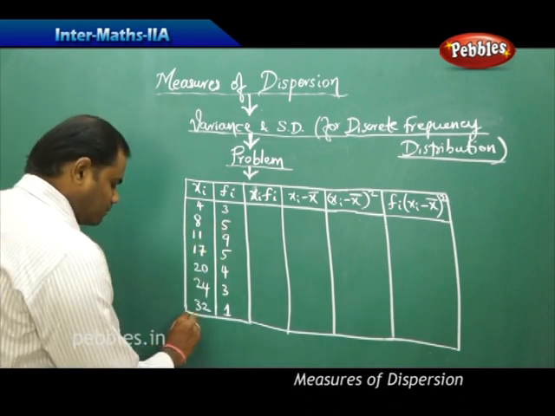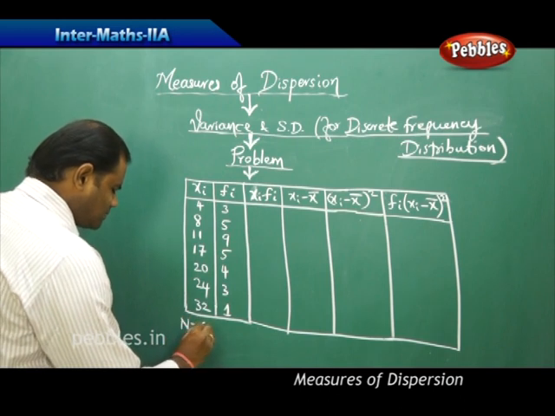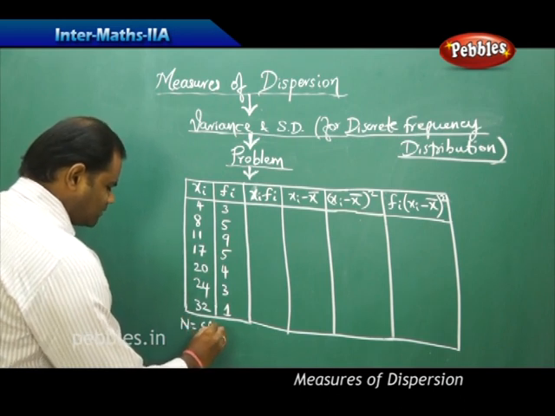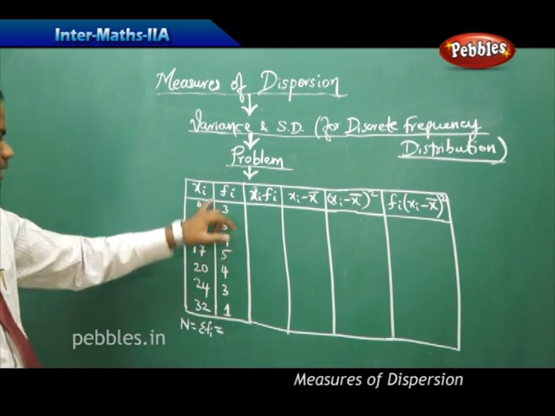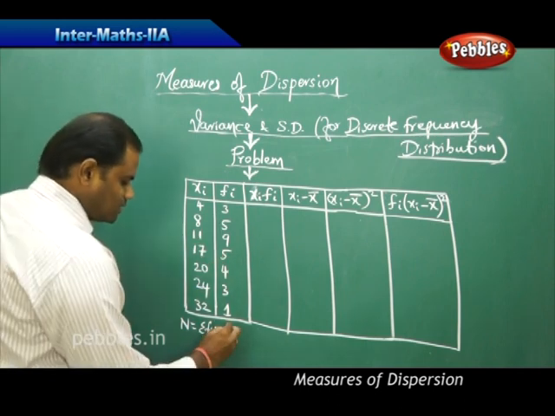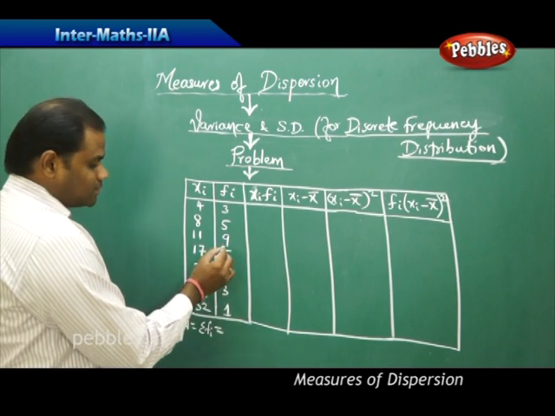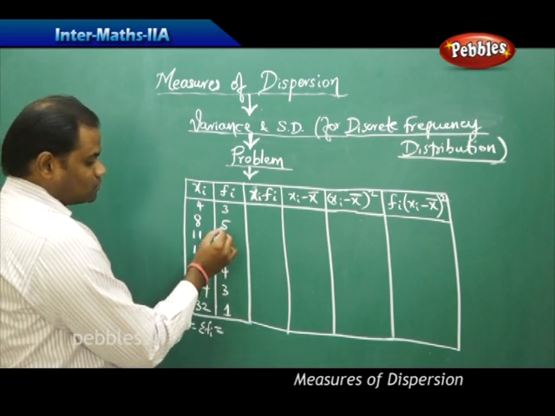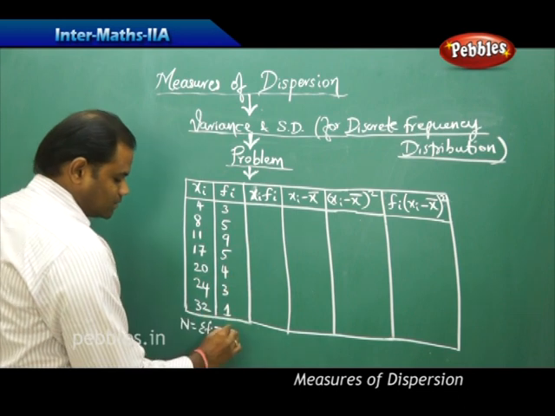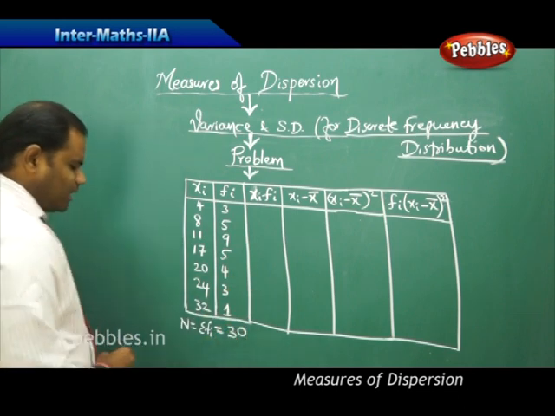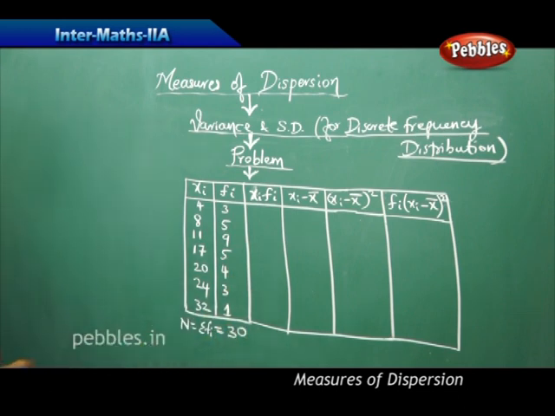Initially, my n is sigma fi, which, when added up, is 3 plus 1, 4, 4 plus 4, 8, plus 5, 13, plus 9, 22, 25 and 30. So I have my n, which is 30.